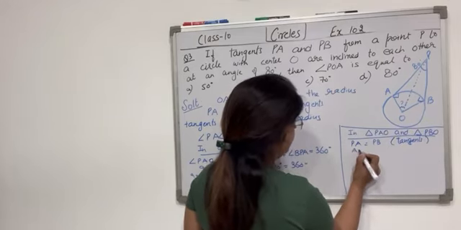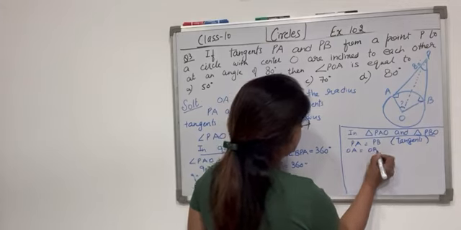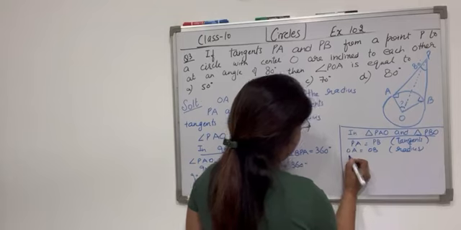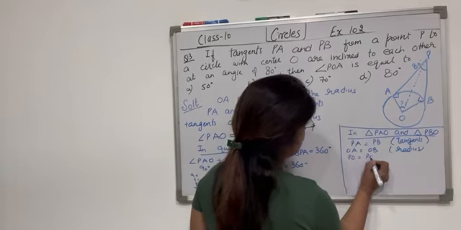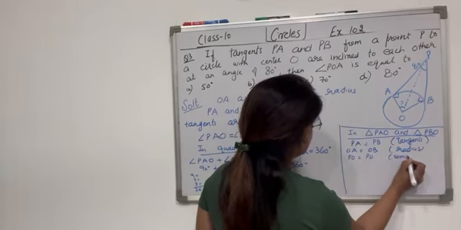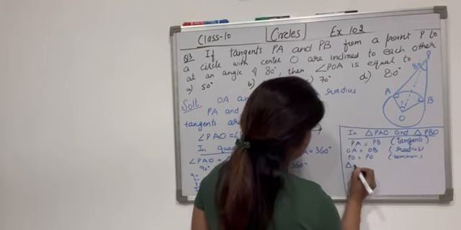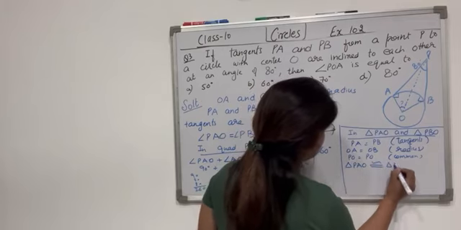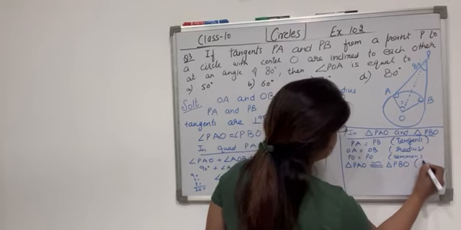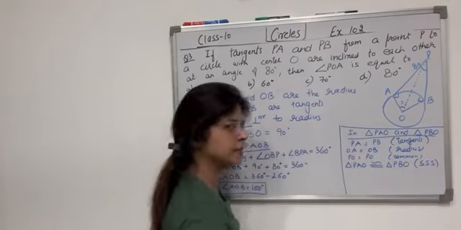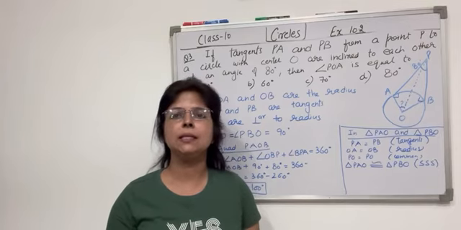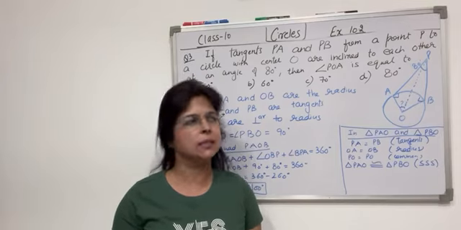AO is equal to OB, this is the radius, and PO is equal to PO, that is common. So I am saying triangle PAO is congruent to triangle PBO, and by which criterion? SSS.